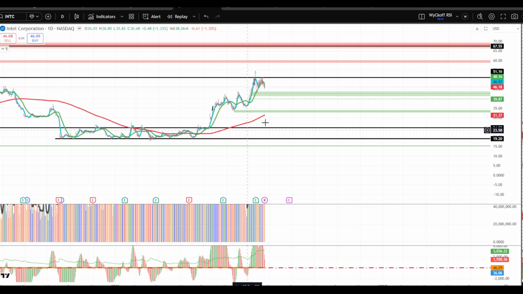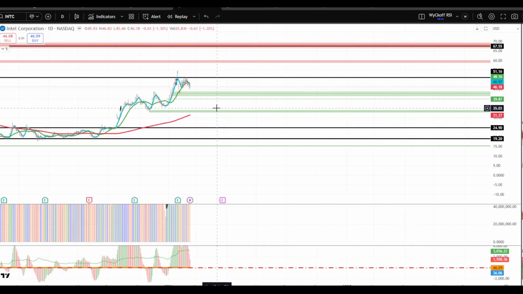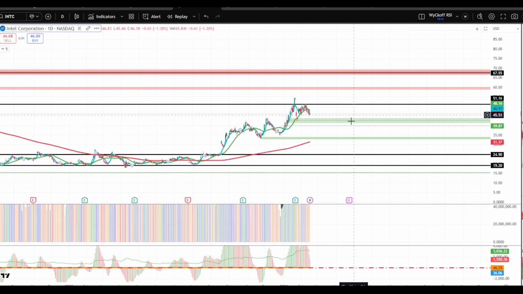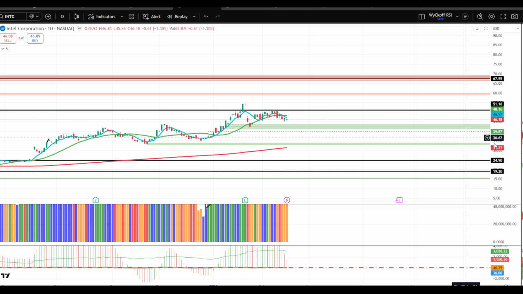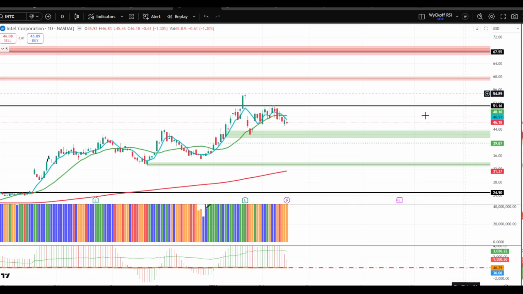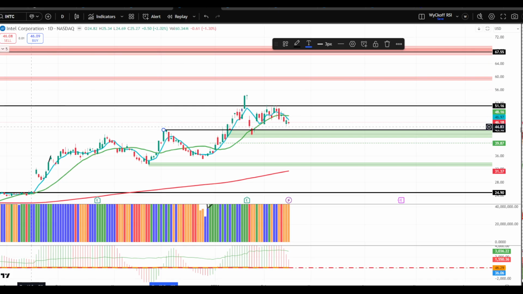It's still above the 200 level, but it has been somewhat consolidating, ranging in this area from about $51 to, I would say, about $45.